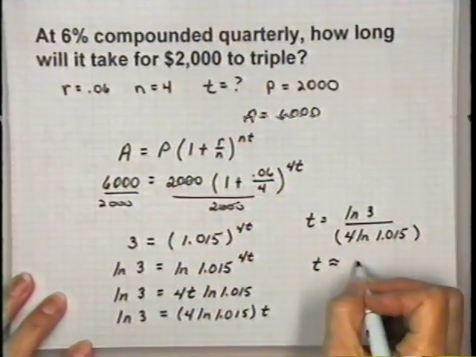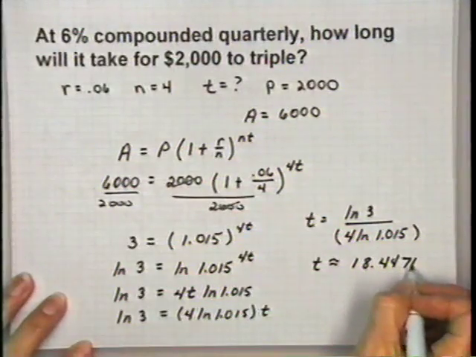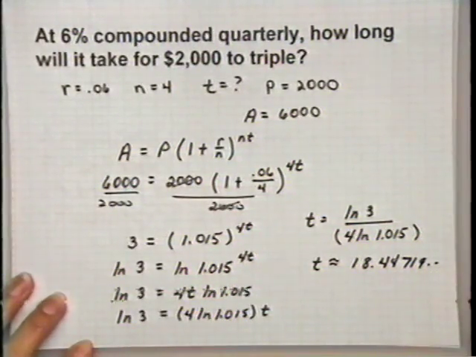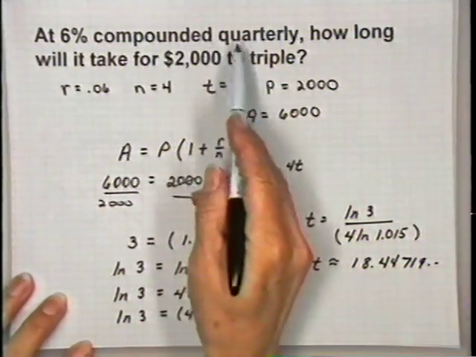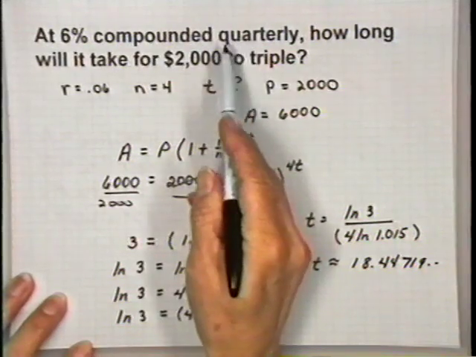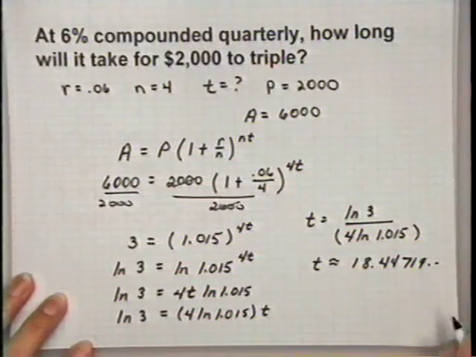Now, I have this decimal in the display of my calculator, and it goes on for a few more decimal places. Now, we will want to round off, won't we? Since this interest is compounded quarterly, we want to be sure that we round off far enough that we have completely gotten enough interest for us to have that $6,000.